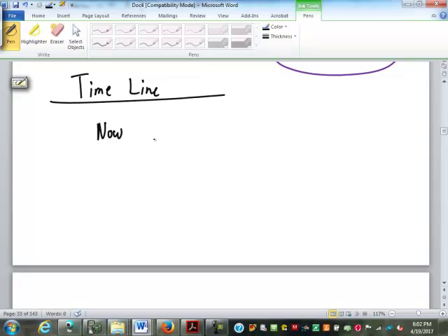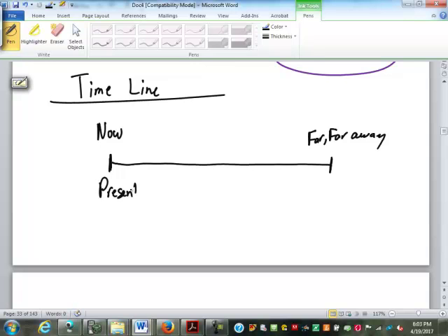We're going to start our timeline now, and we're going to go to some point off in the future. Now is the present, so that's considered the present value, the value right now.